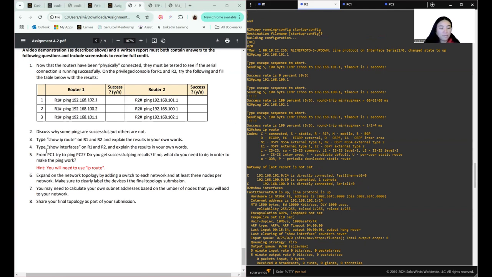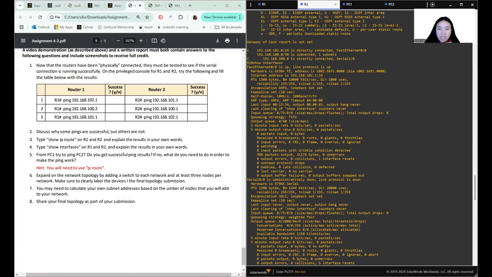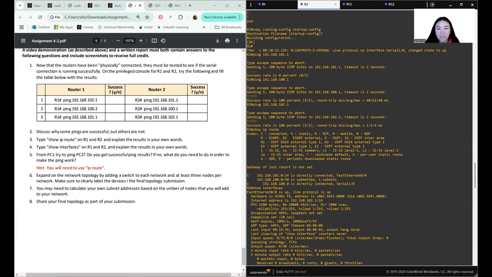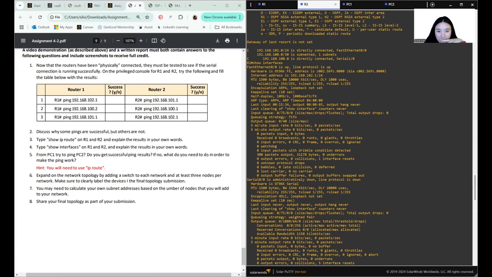But then for number 4, show interfaces displays the details about the status of each of the interfaces, which includes whether it's up or down, the assigned IP address, and any input or output statistics that it may have, and then any errors. So if we take a look at router 2's, for example, I can find it right here, show interfaces.